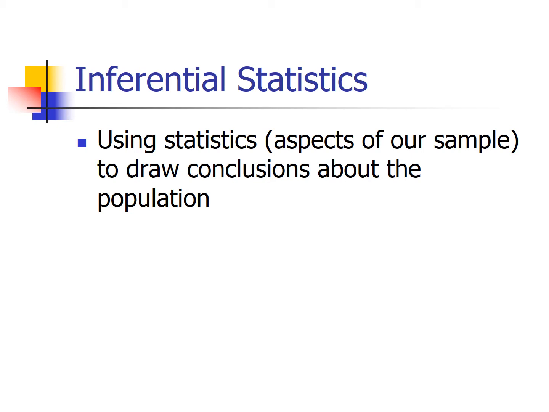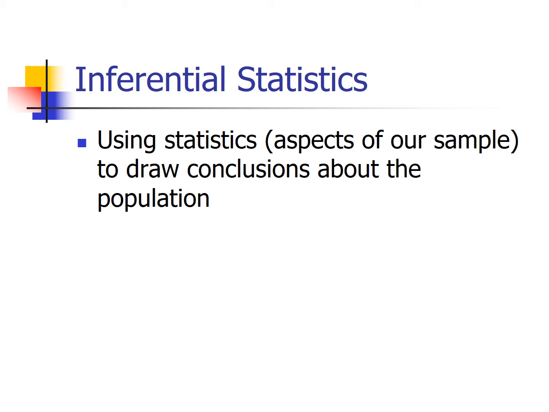And this statistic then becomes a best guess for the relevant matching characteristic of the population that we call a parameter. So the sample mean, that's a statistic, becomes our best guess for the population mean, that's a parameter. So the natural follow-up question becomes, how good of a best guess is it?